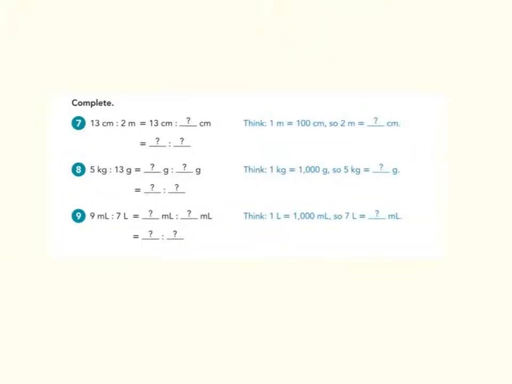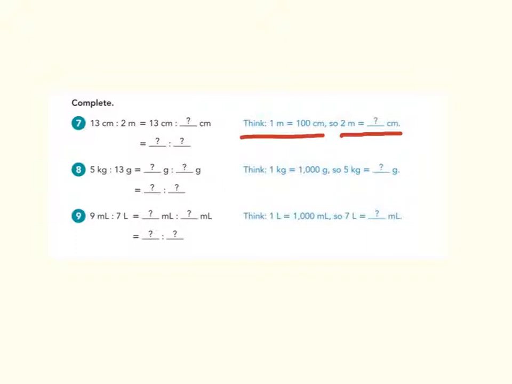Here are your last 3 practice problems. Each of these problems asks you to convert the units. For example, in number 7, you have 13 centimeters in a ratio to 2 meters. You know you can't compare those because they don't have the same units. So next to the problem here, it gives you a clue. It says think about 1 meter being equal to 100 centimeters. So 2 meters would be equal to how many centimeters?